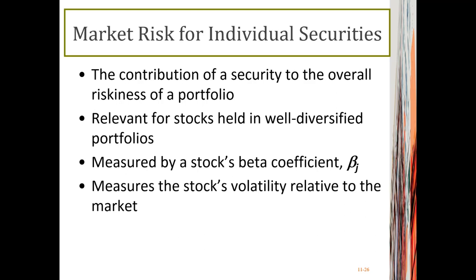So no matter how hard you try adding securities in your portfolio, there's no way that you can eliminate or reduce market risk or systematic risk. So what really matters for investors from now on, if they choose to diversify their portfolio, is market risk. And in order to measure market risk, we needed to develop new measures.